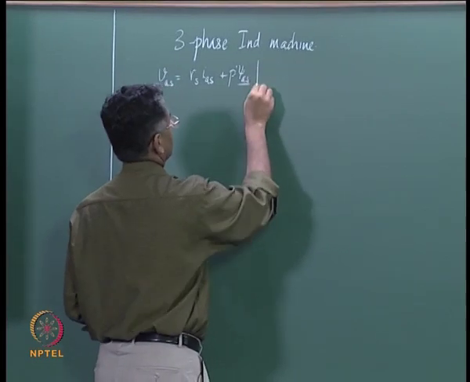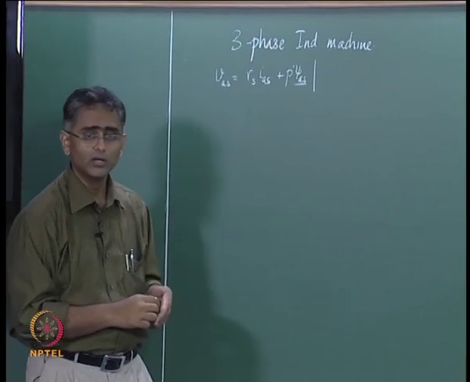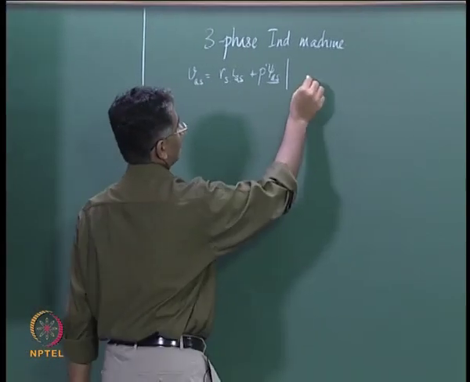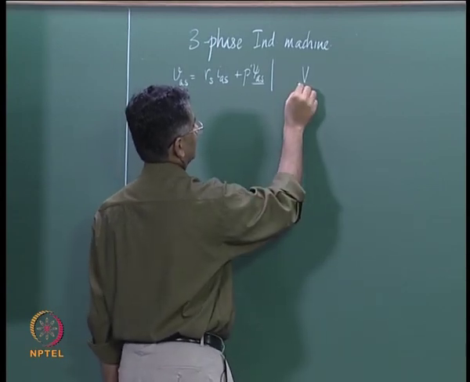We can attempt to write these equations in a simplified notational form, where we write V as the vector.